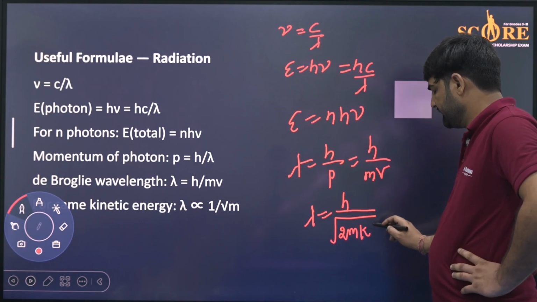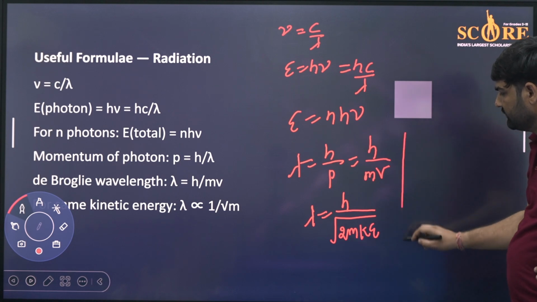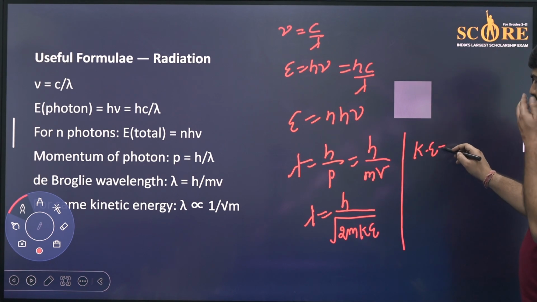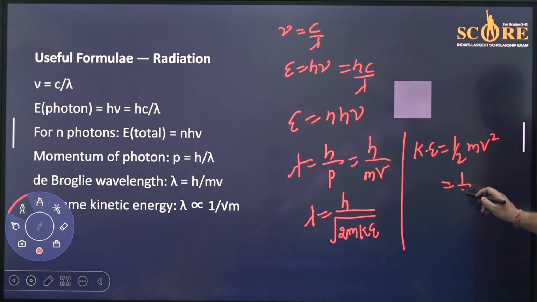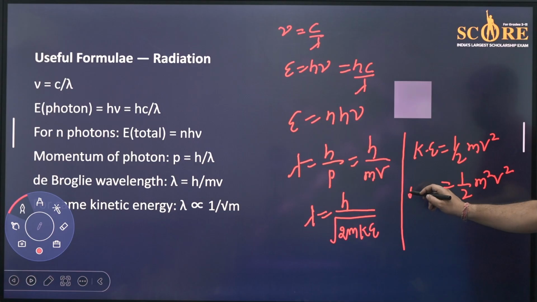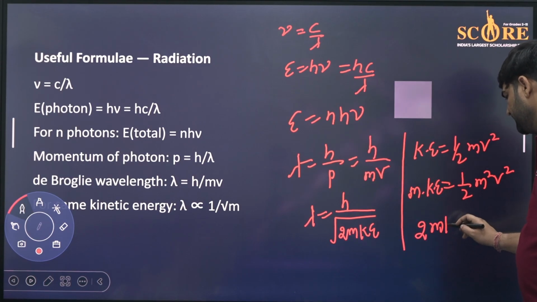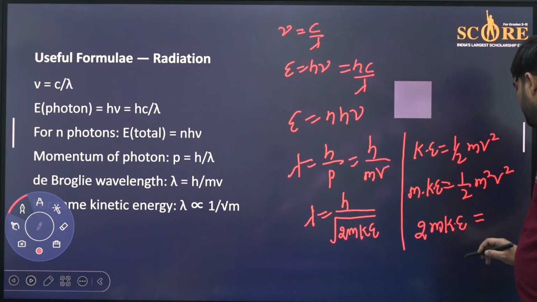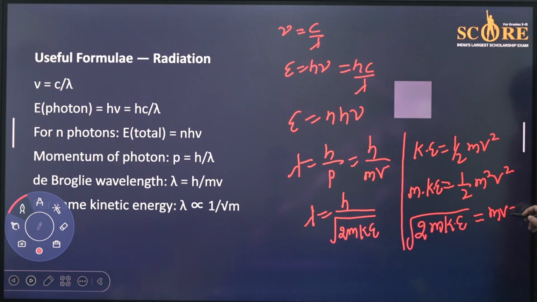You know kinetic energy equals half mv square. You have to multiply by 2m, so this will be 2m kinetic energy equals m square v square, and mv means momentum.